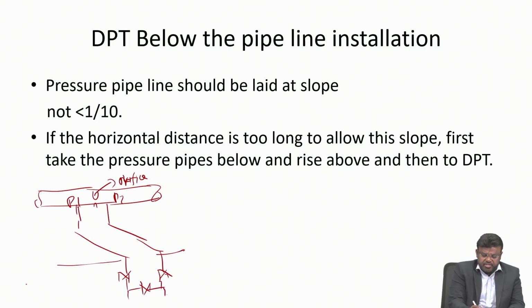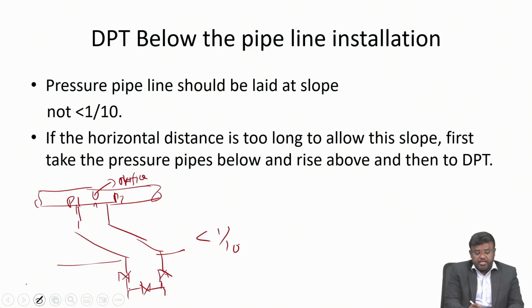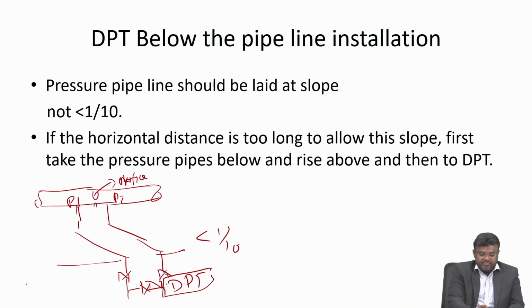This slope is not less than 1 by 10, so as to release the locked vapor inside it. So this is nothing but the DPT. Finally, here you will see the DPT. That means whatever wet particles or vapor are there will be released here, with some root valves also present here.